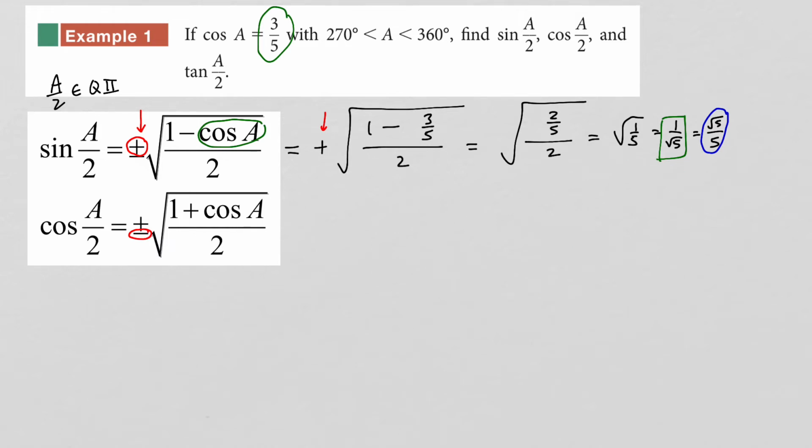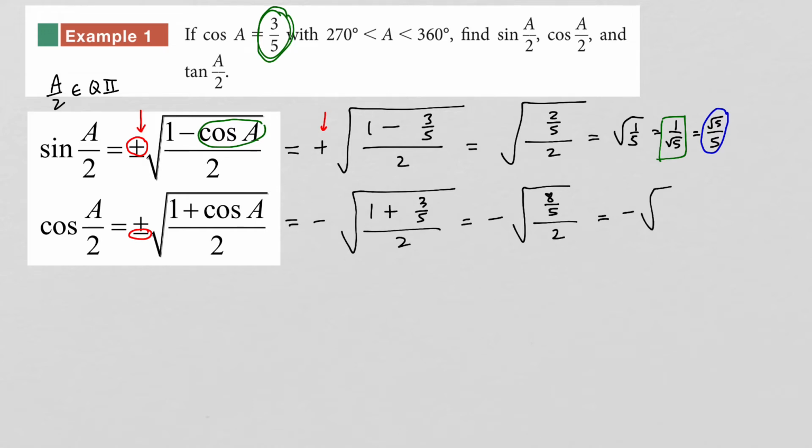Now to do the cosine of a over 2, we know it's going to be the negative square root of (1 plus the cosine of a) divided by 2. Again, cosine of a is 3/5. This is the negative square root of 1 plus 3/5, which is 8/5, divided by 2.